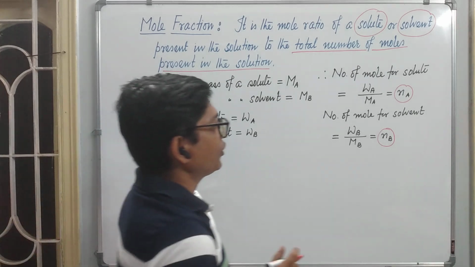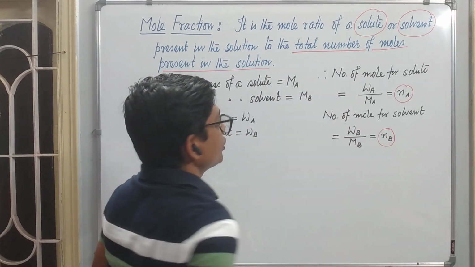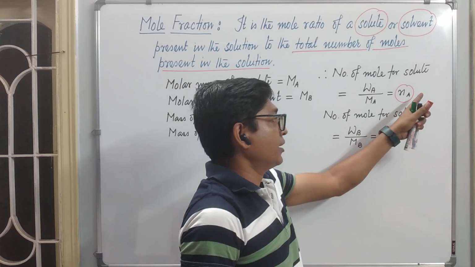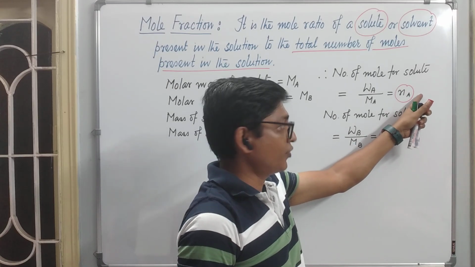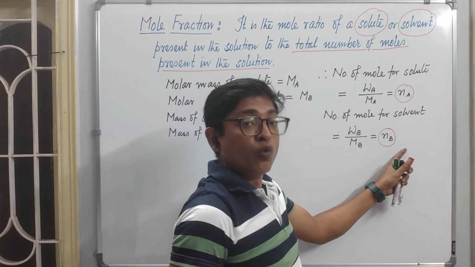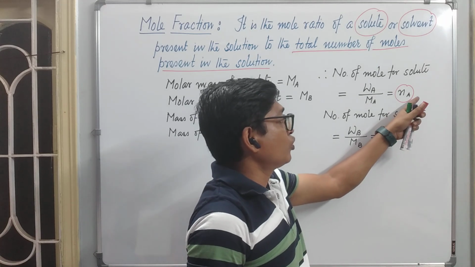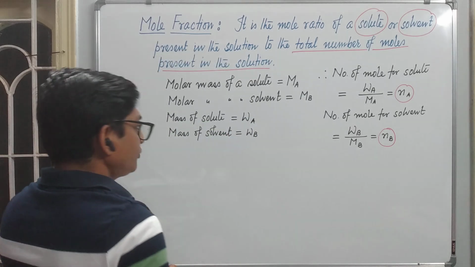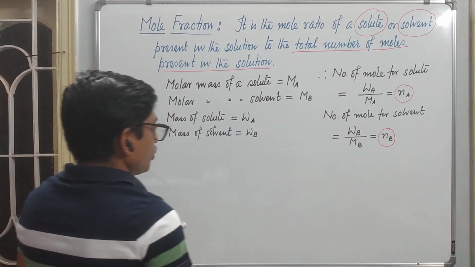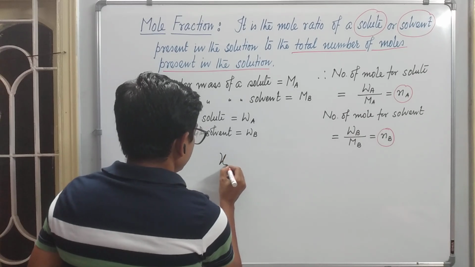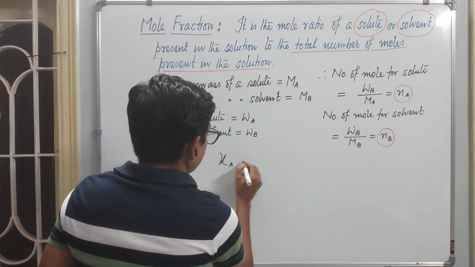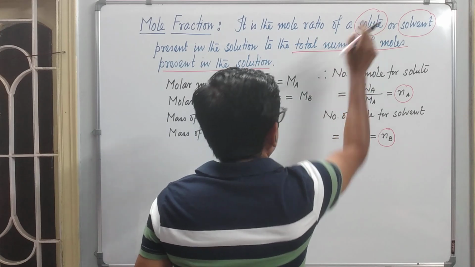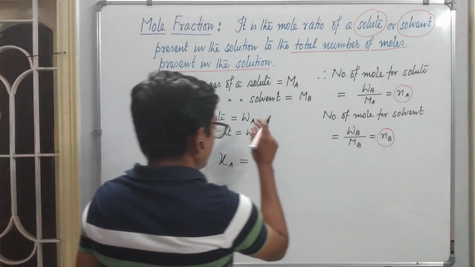Now if we follow the definition, we need to take the mole ratio of either the solute or the solvent divided by the total number of moles present in the solution. So following this statement, we can write the mole fraction for solute. It is nothing but the mole ratio of solute. So how can we write that?